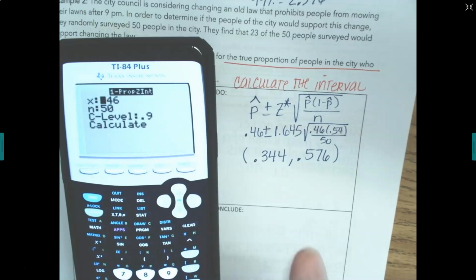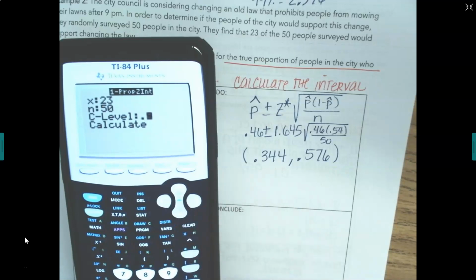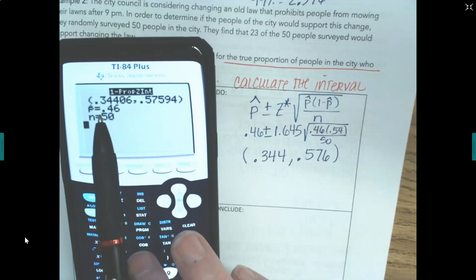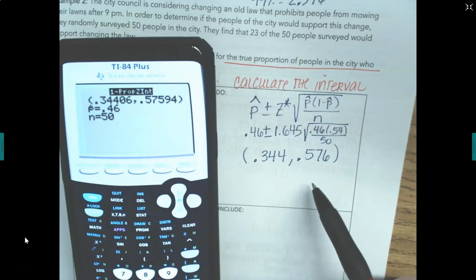The X that we're interested in, we had 23 out of our 50 people, and we have a 90% confidence level. So make sure your confidence level says 90%. A lot of times it will default to 95% and you'll get the wrong answer. So when we go to calculate this, here we go, 0.344 to 0.576, just to verify, okay?